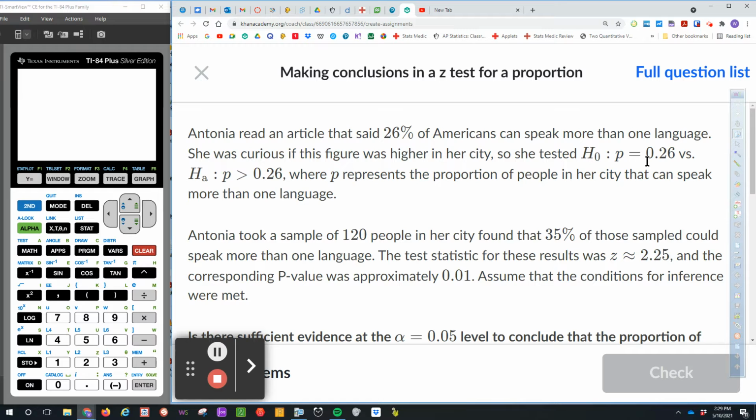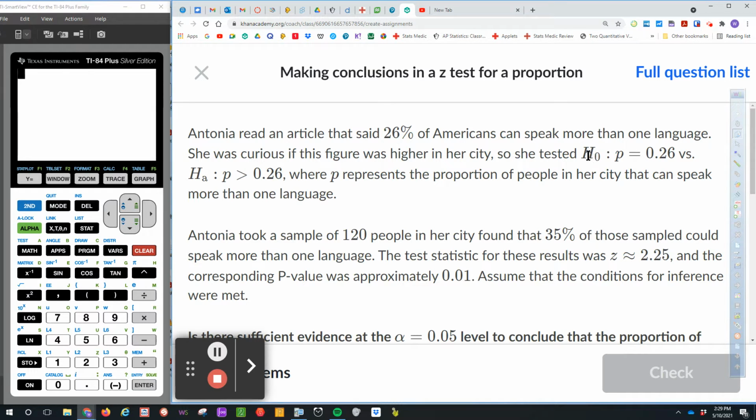Antonia read an article that said 26% of Americans can speak more than one language. So she was curious if this figure was higher in her city. So she tested. Now that's the null hypothesis, right?